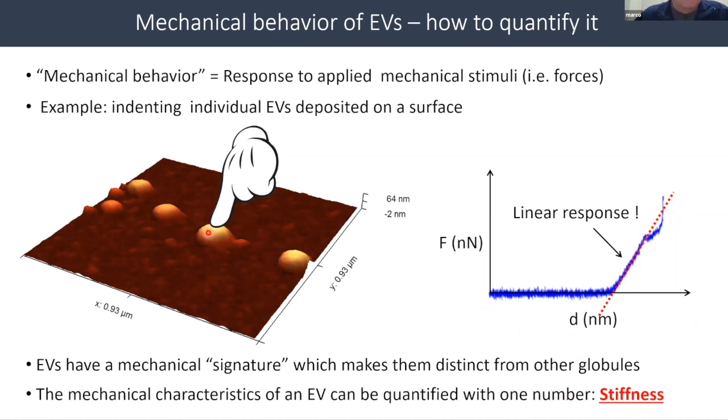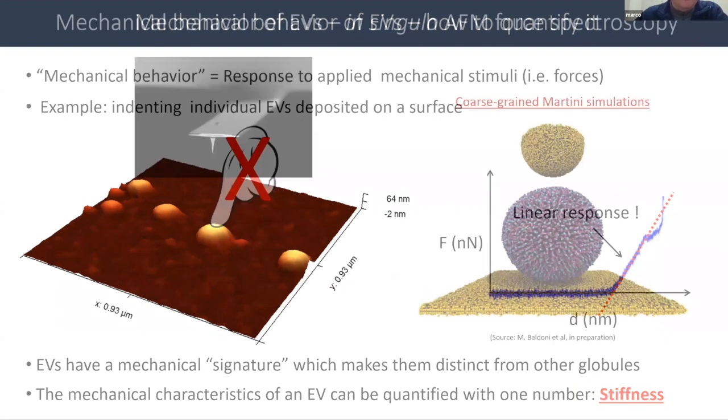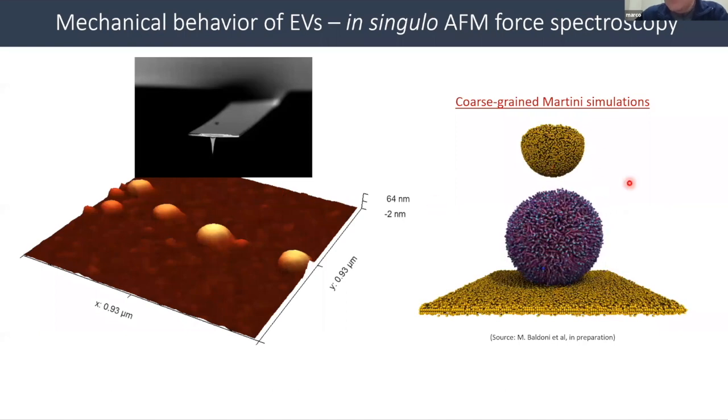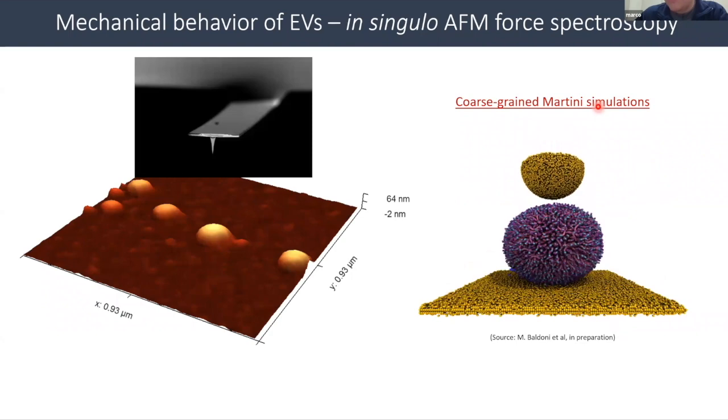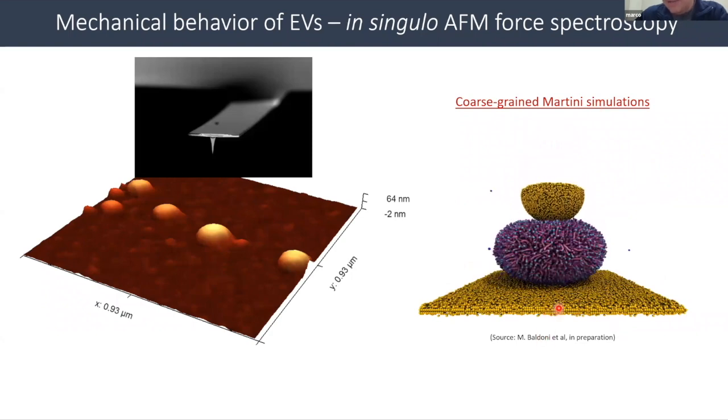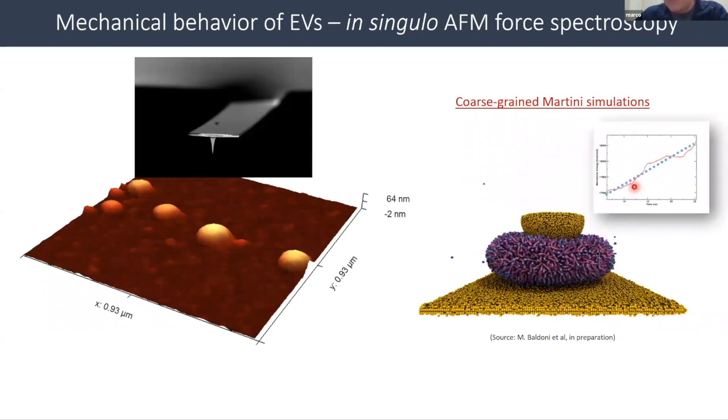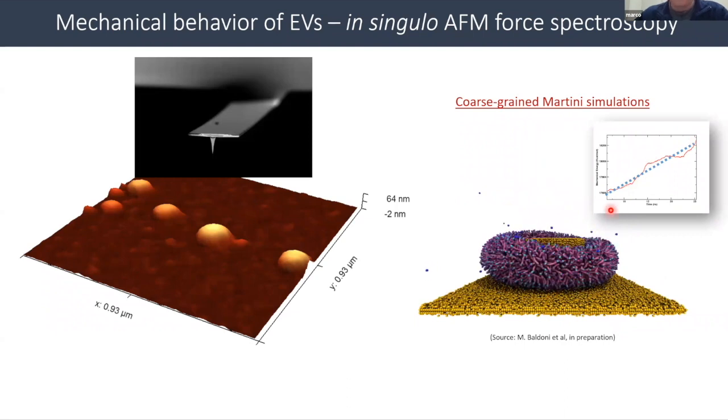And you can measure it for each single particle you have in your image. Of course, we don't use fingers this time, we use the AFM probe. This is a coarse-grained Martini simulation of what happens when the AFM probe indents a vesicle, and it correctly predicts that the stored mechanical energy of the system linearly increases.